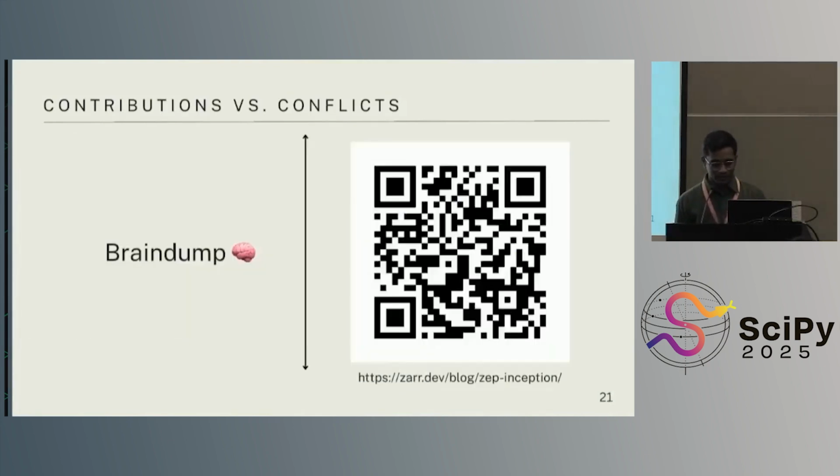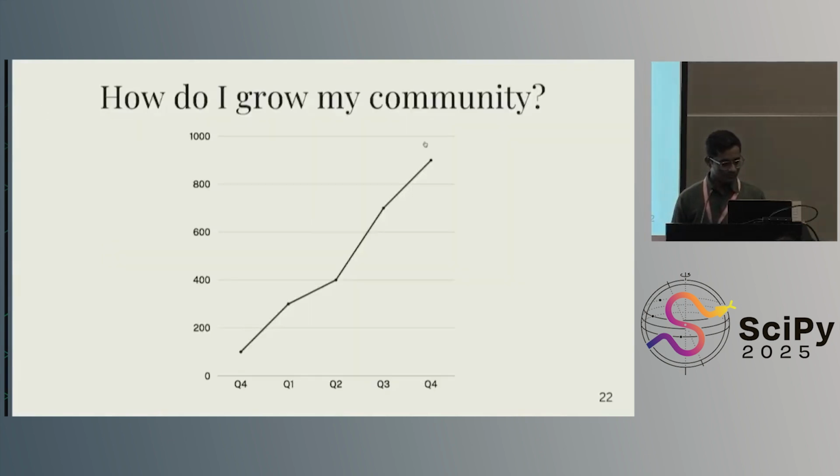And I have written a blog post which is a brain dump of why we needed the process for our project. So if you end up in a situation where you think you want to have some process for your project and are not sure where to go from there, this is the blog post you want to read. This lays out everything. This is basically my brain dump of working for a few months to come up with the process. Okay, cool.